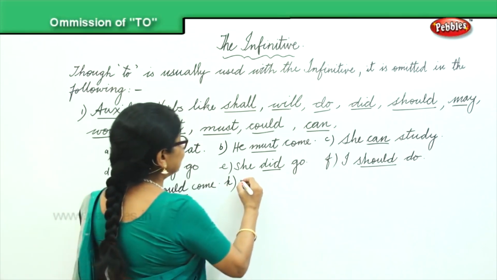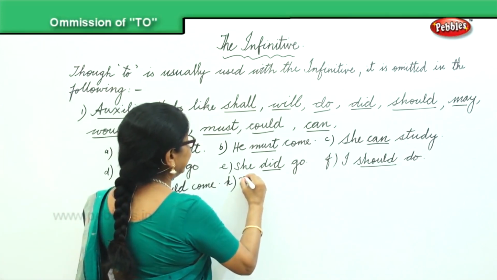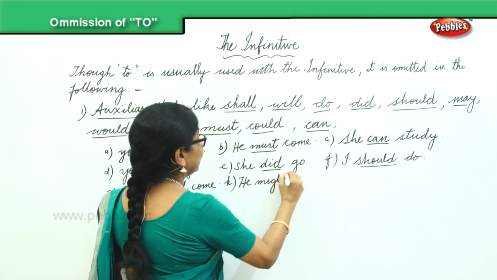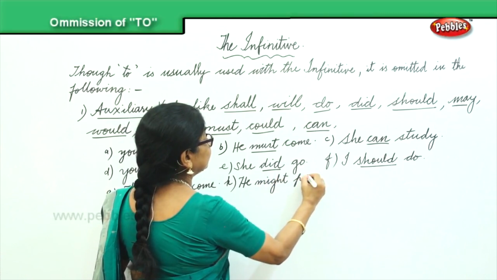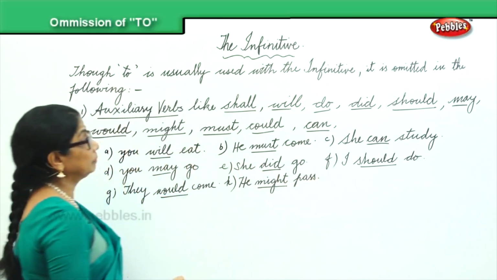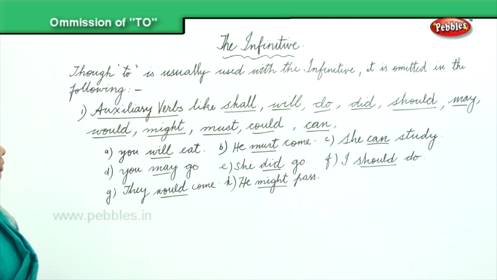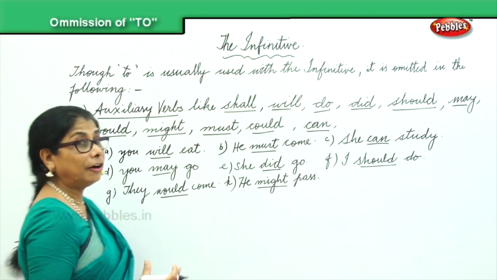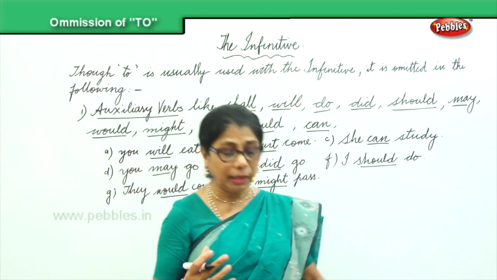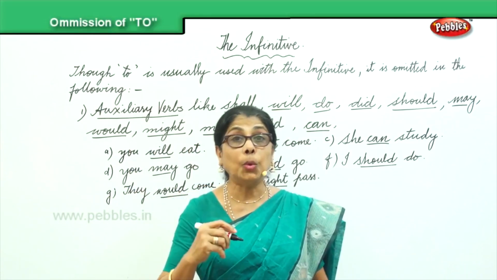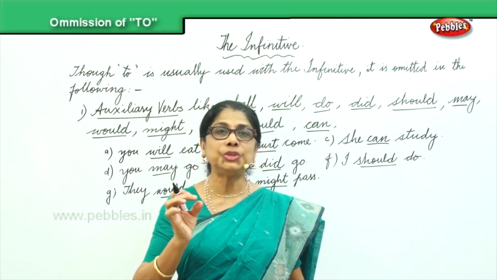He might pass. So like this, in the forming of sentences with the auxiliary verbs, we do omit the to.